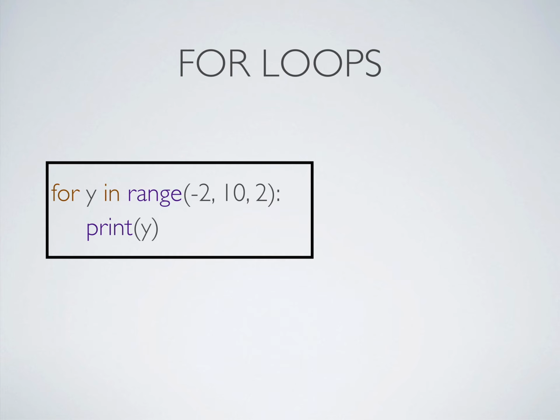Alright, so again, with 3 arguments, it's going to be start, stop but not include, and then skip. So the first value you're going to have for y is -2, because we're starting at -2. That's the start right there. That's the first argument.